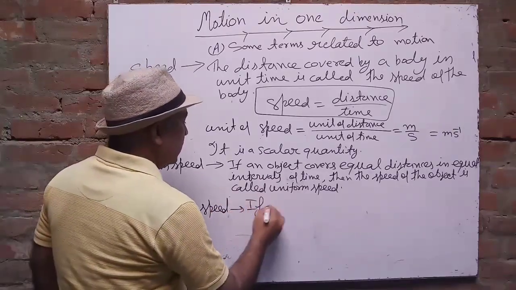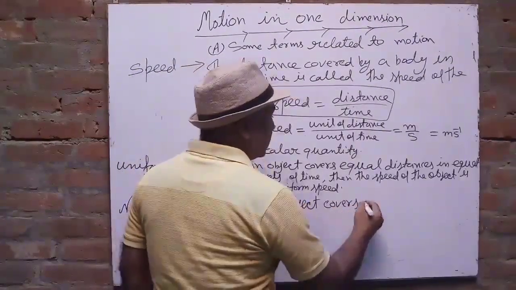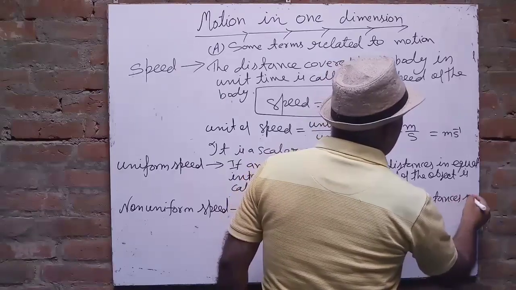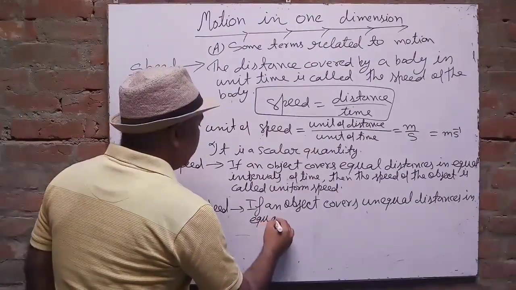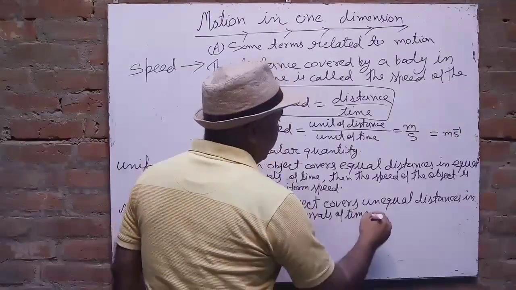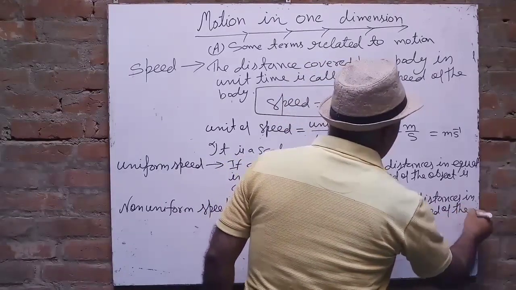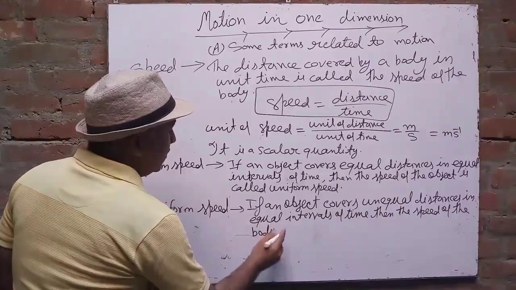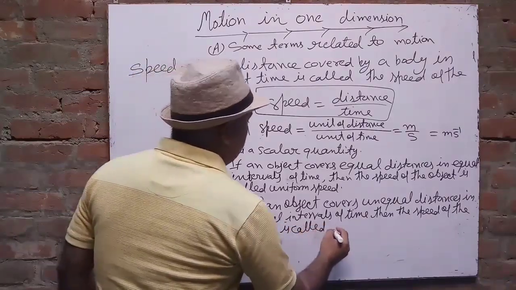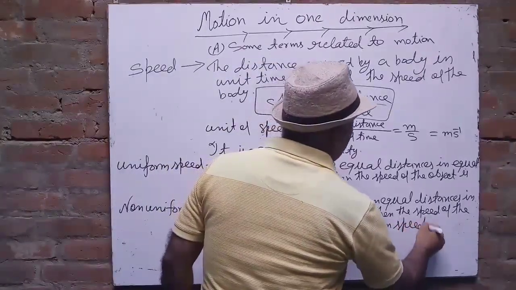It will be, if an object covers unequal distances in equal intervals of time, then the speed of the object is called non-uniform speed.